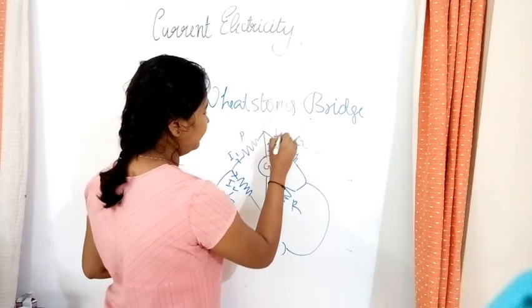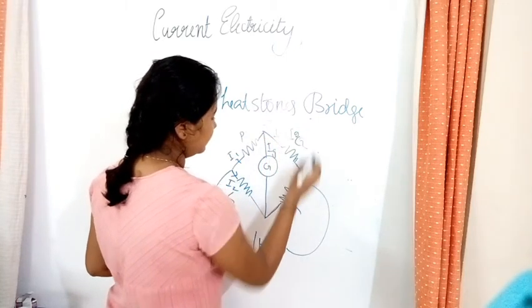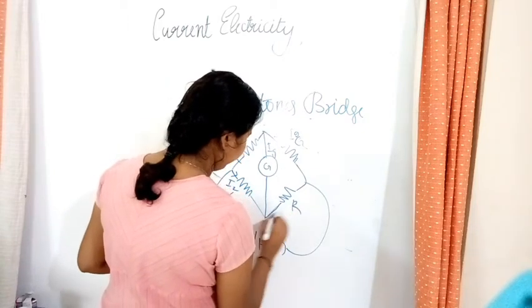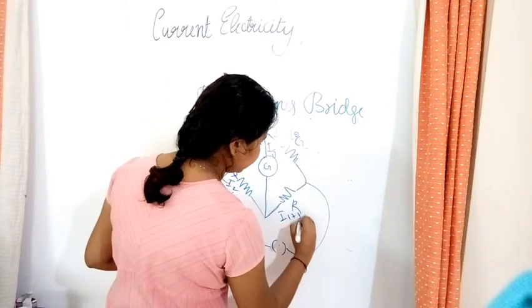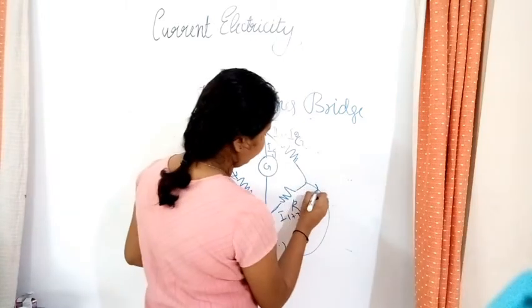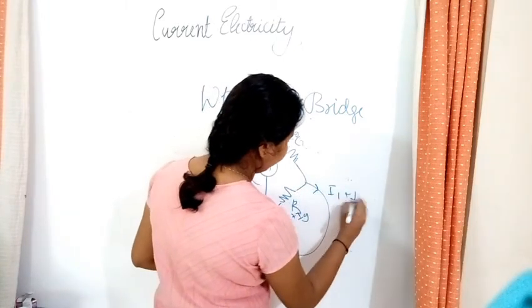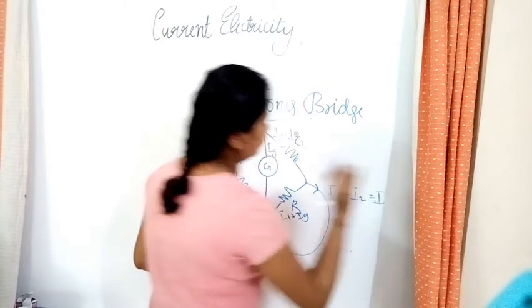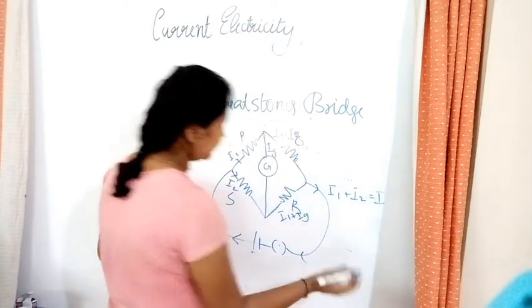This is I1 minus Ig, this is I1 plus Ig, this is I, and over here this is I1 plus I2 equal to I, and that will get back.